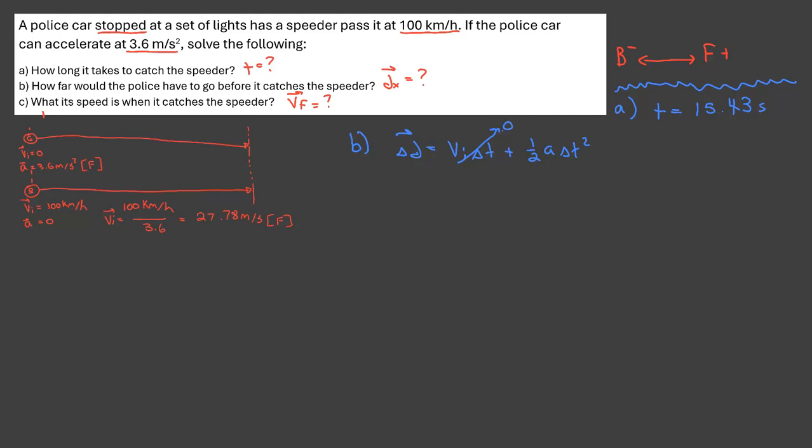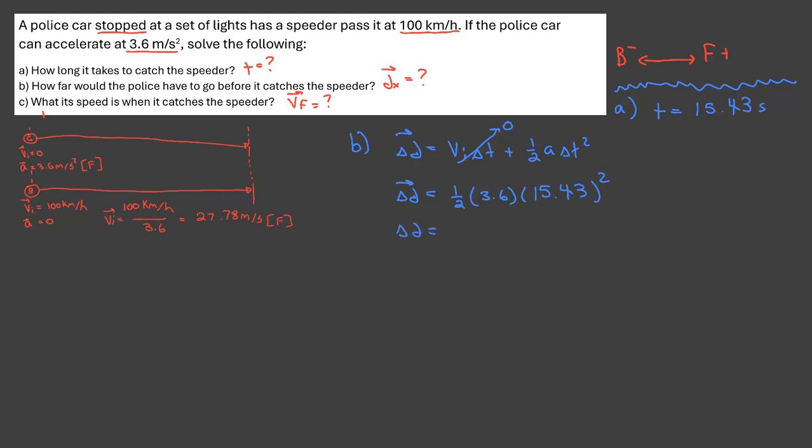0 times that time takes the whole term to 0. Then delta D equals 1/2 times our acceleration, which we know is positive 3.6, times our time, 15.43, squared.